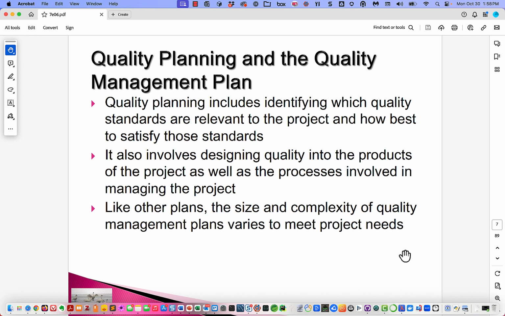It also involves designing quality into the products of the project as well as the processes involved in managing the project. Like other plans, the size and complexity of the quality management plan is going to vary depending upon the needs of the project. In particular, how big this project is and how complex it is.